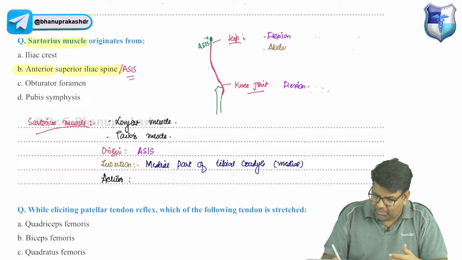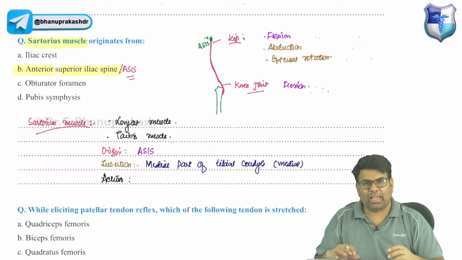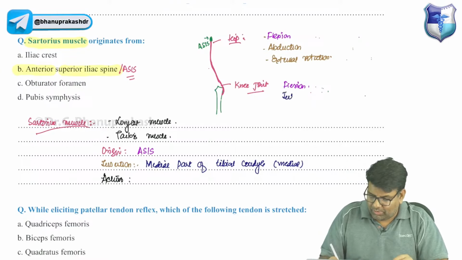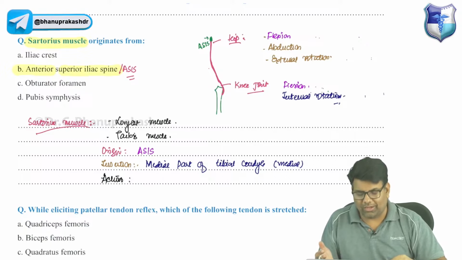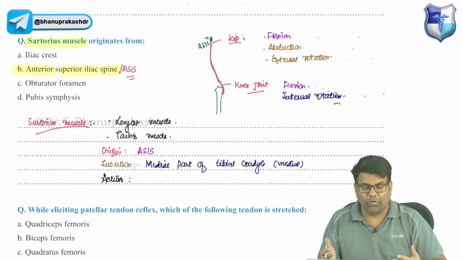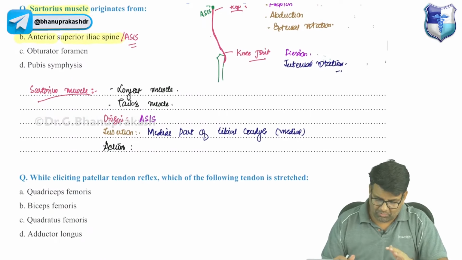Here it will do abduction and external rotation. Clear? So flexion, abduction, external rotation. But at the knee joint, it will do internal rotation. Please remember, at one joint it is doing external rotation, at another joint it is doing internal rotation. So this muscle actually helps us in sitting cross-legged on the floor whenever you want to sit. So these are the movements which occur, and this is controlled by Sartorius muscle.